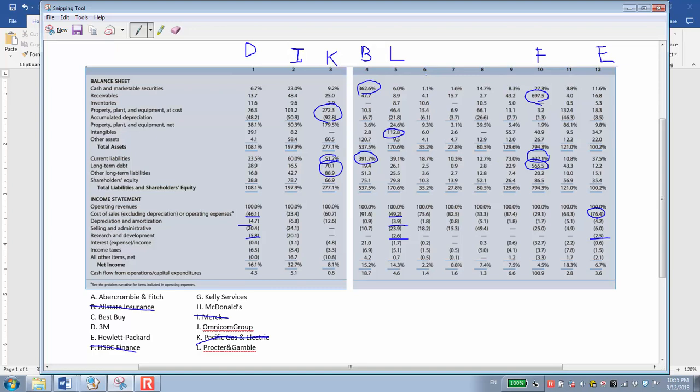We have 5, 6, 7, 8, 9, 11 left. These firms do not have research and development. Another thing is we know KD Service and Omnicom Group are both service companies. For service companies, usually their fixed assets are quite low. So let's find whether 6, 7, 8, 9 has a very low one.